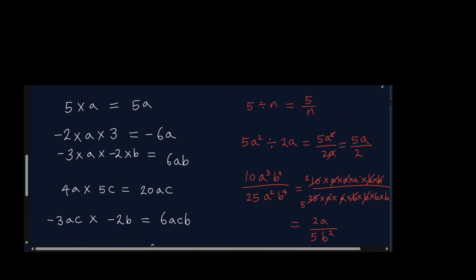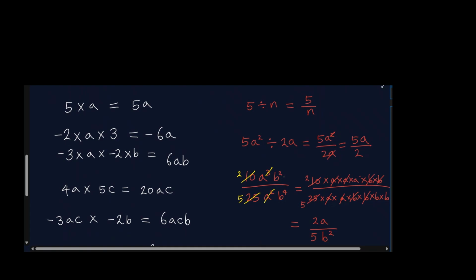Instead of writing this expanded form, we can just simplify from the question. So here, we do the similar thing. 10 and 25 are divisible by 5. How many 5 here? 2. How many 5 here? 5. And a cubed and a squared. And when we cancel each other, there will be 1a left on the top, whereas a squared will be gone.